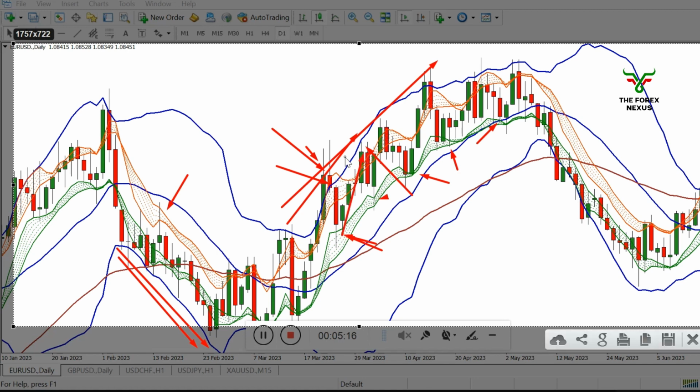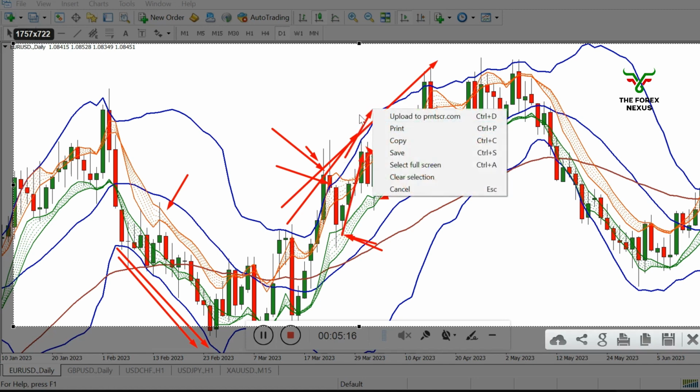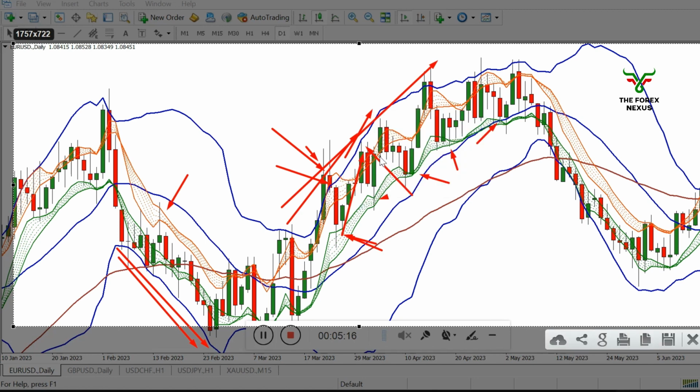But if the Bollinger Band is still expanding, then it means that the market will continue its trend, its bullish move. So there are lots of things you need to concentrate on, because BBMA is a strategy which has a lot of secrets inside. So try to keep learning, because learning never ends.